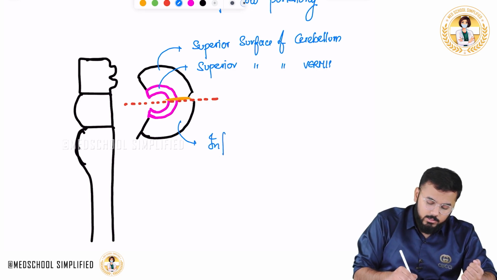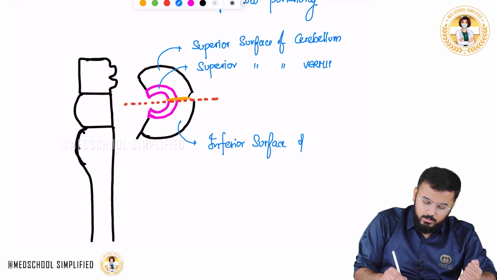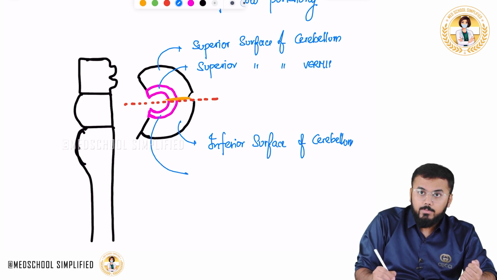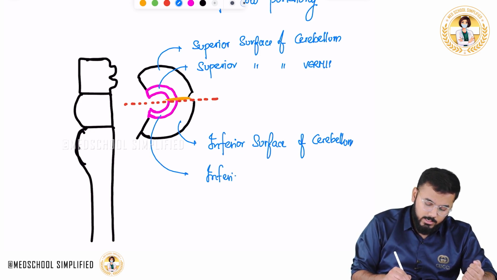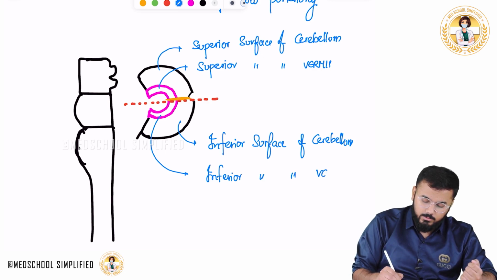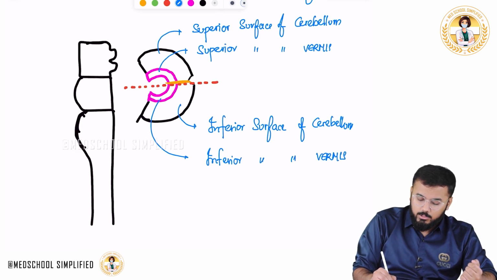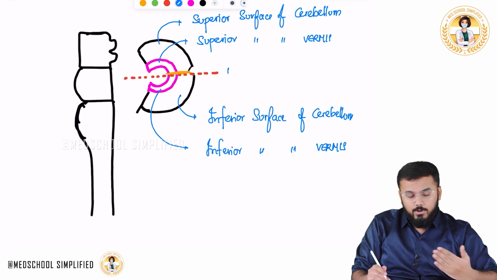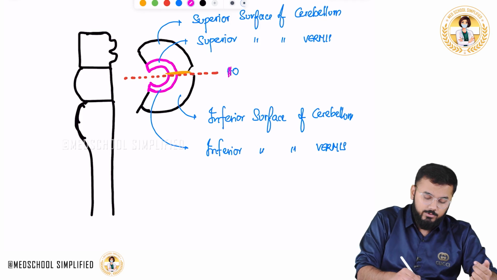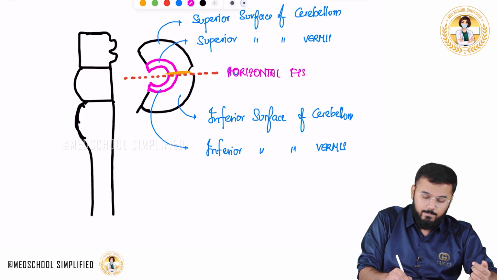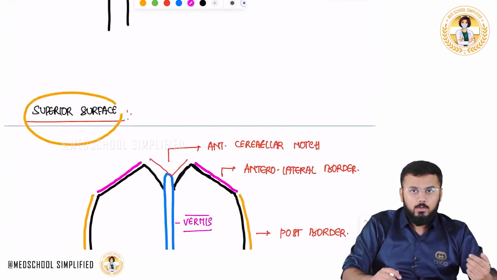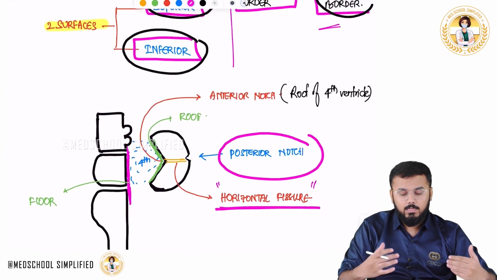In the same way, this part is called the inferior surface of the cerebellum, and this part over here is called the inferior surface of the vermis. So who is dividing the superior surface from the inferior surface? This is the horizontal fissure. Clear? So this is all you need to know regarding the surfaces.